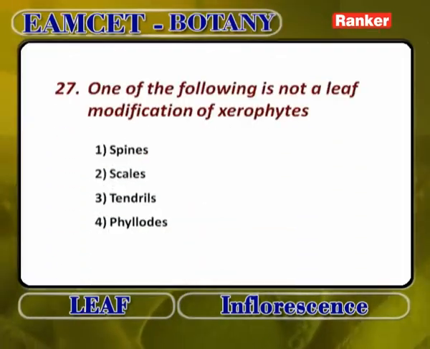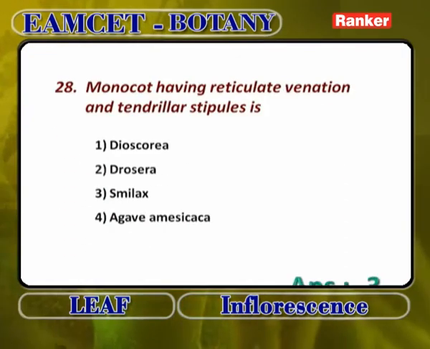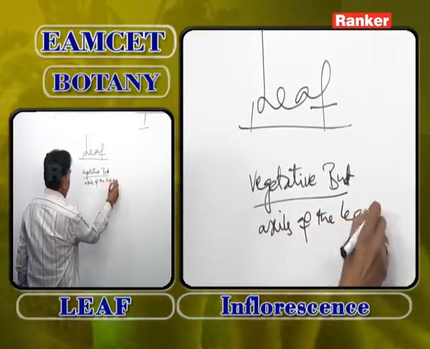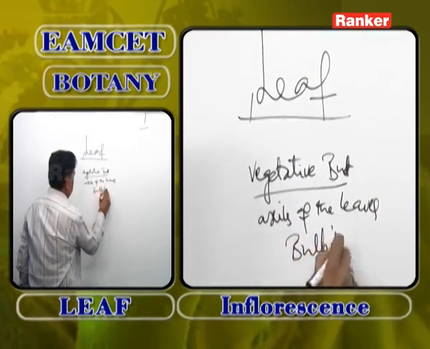Next. One of the following is not a modification in xerophytes: tendril. Just now I told, spines, scales, phyllodes are all xerophytic modifications, but not tendrils. Next. Monocot having reticulate venation and tendrils from stipules is smilax. Dioscorea is a plant where the vegetative bud, that means the bud in the axils of the leaves, is modified into bulbils.